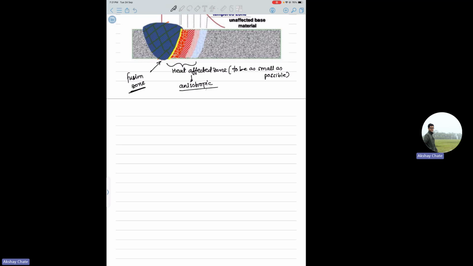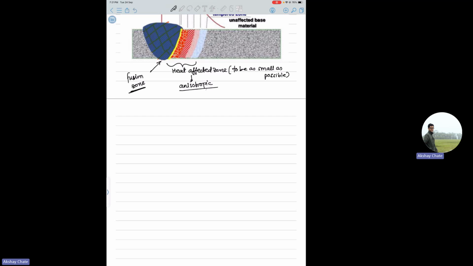Basically, at the boundary of the fusion zone and the base metal or parent metal, the growth of your materials is, it's very weird.